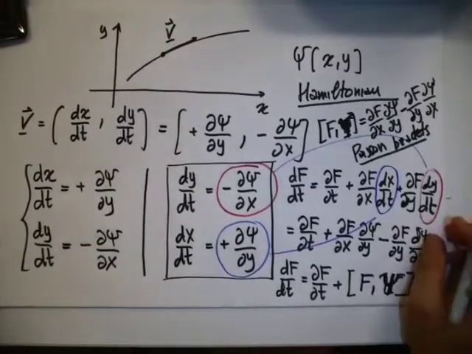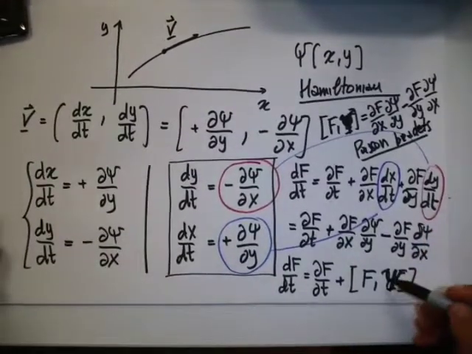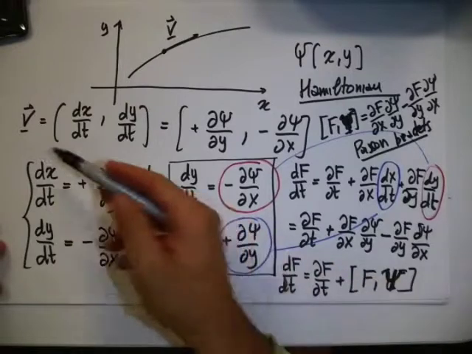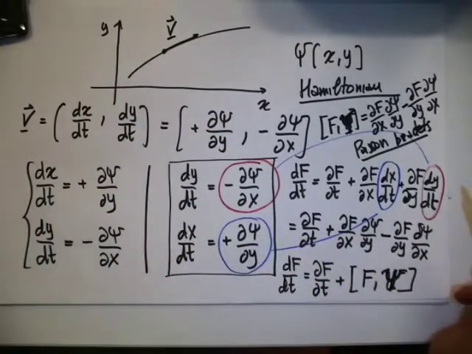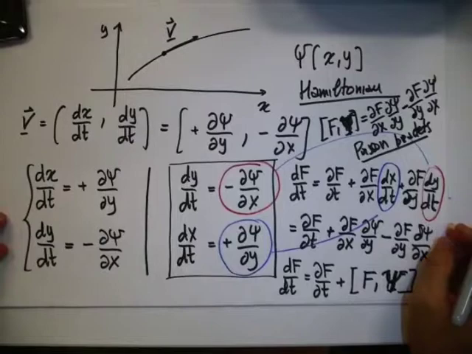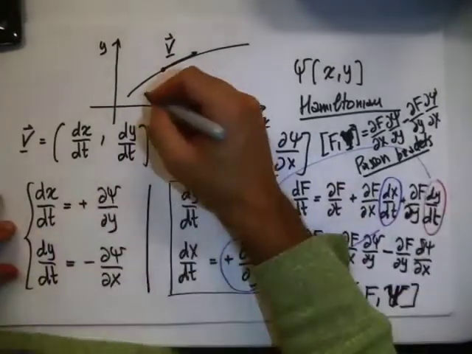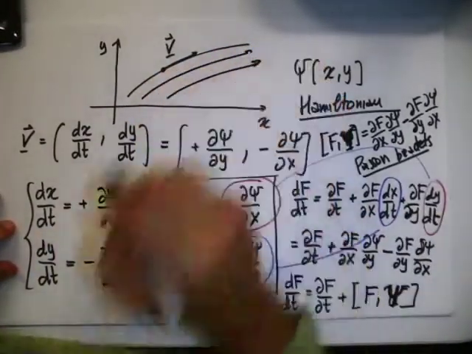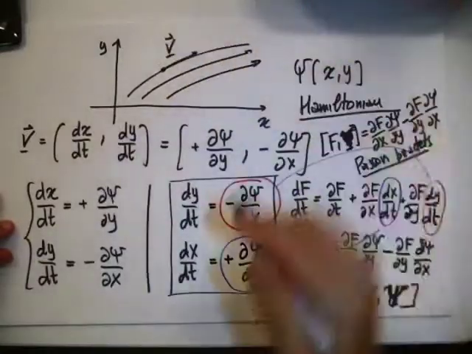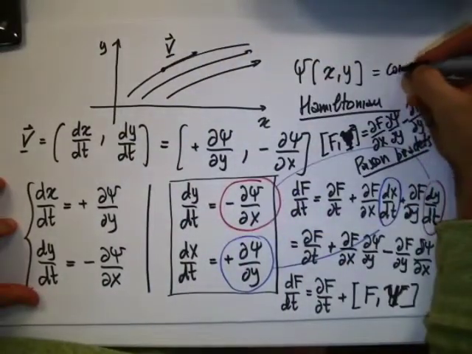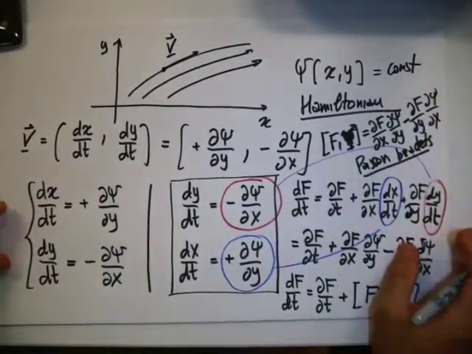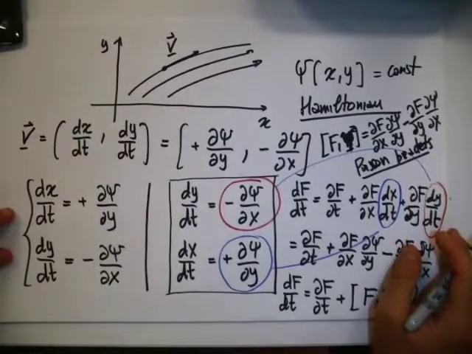So you can see that in this case, the Hamiltonian has nothing to do with the kinetic energy of the system, of the velocity field, or the total energy. It is simply related to the stream function, and the evolution is this flow. It is in such a way that as the flow evolves, the stream function stays constant.